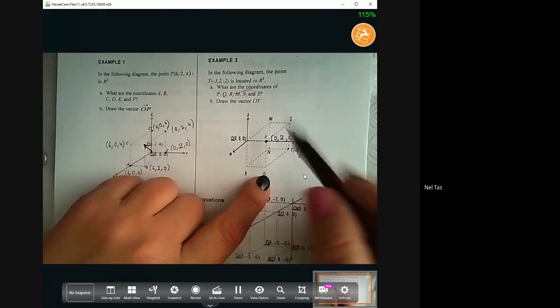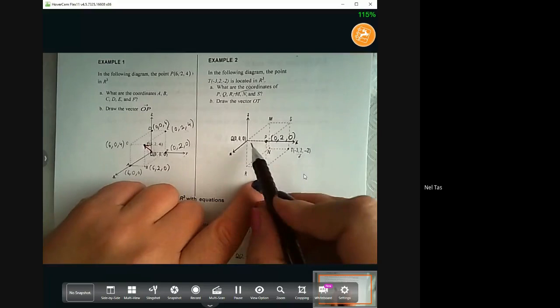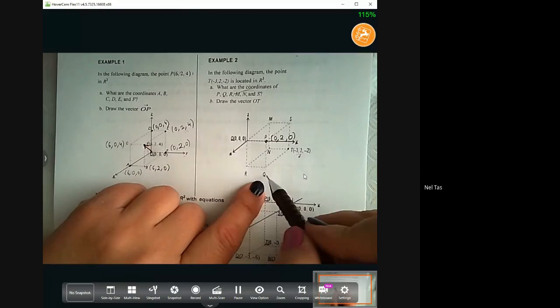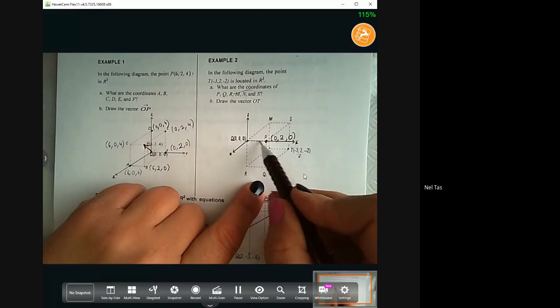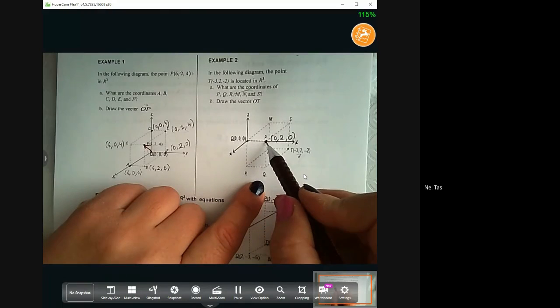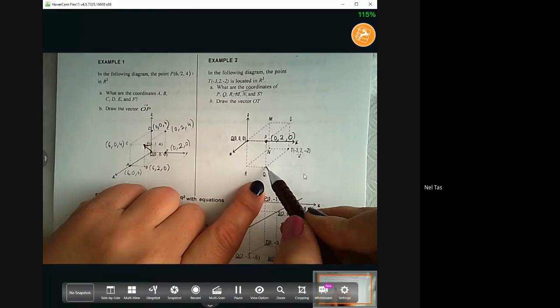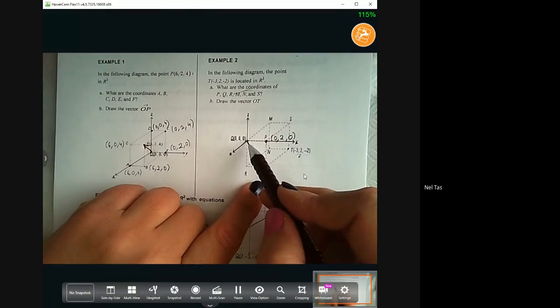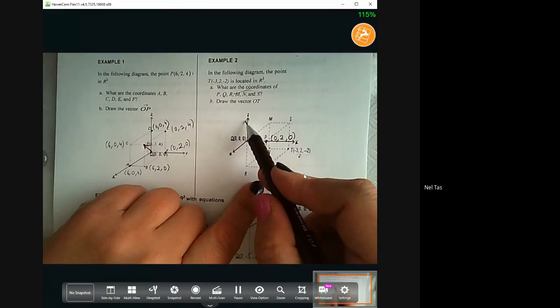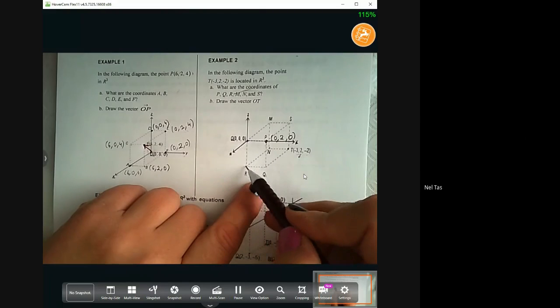So Q is here. To reach point Q from the origin, we go 2 units on the y-axis, and then we go down, so -2 down. So positive z is pointing up, and negative z is pointing down.